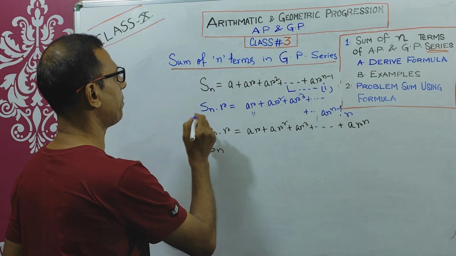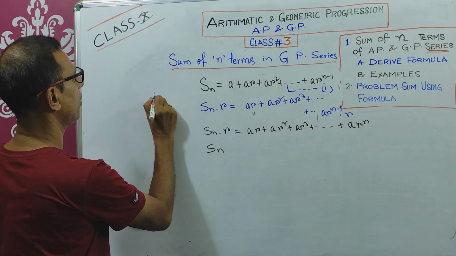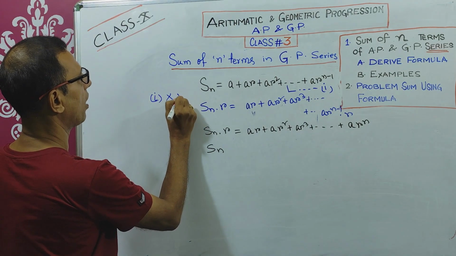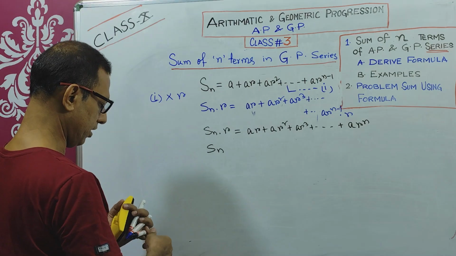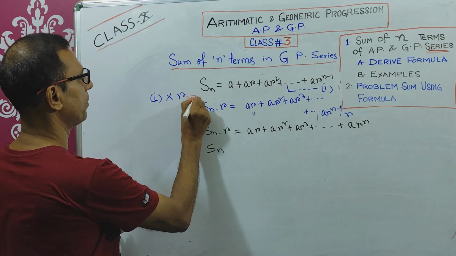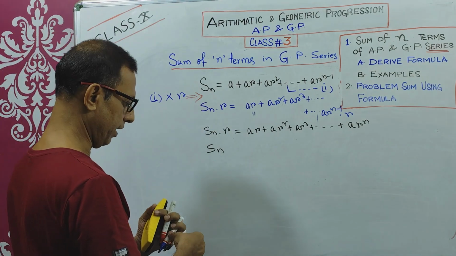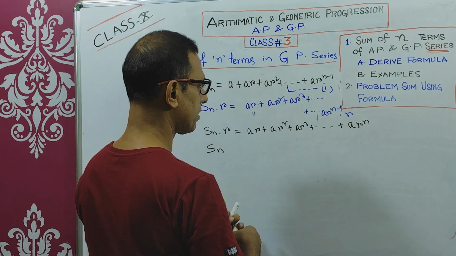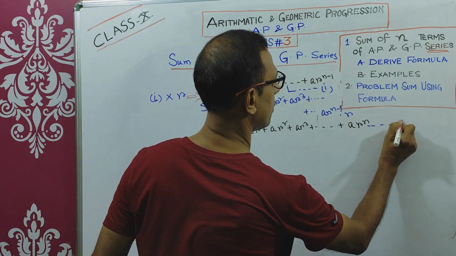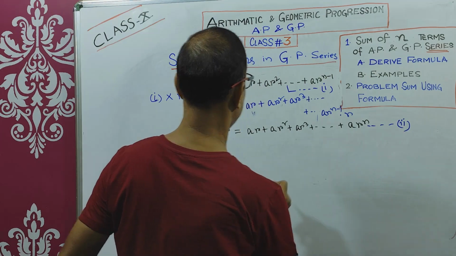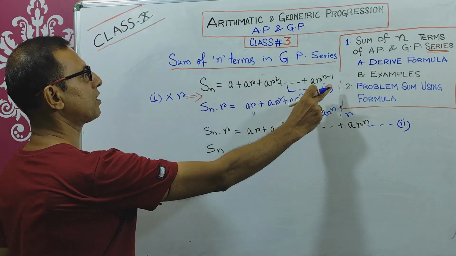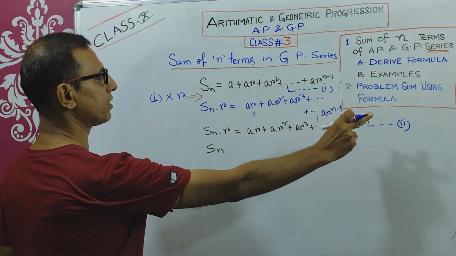And after multiplying with r, this is what your second equation is coming. This is the second equation. Right. Now Sn, the first equation, and Sn into r, this is the second equation.